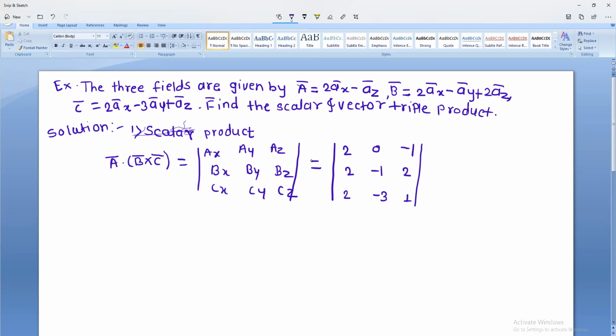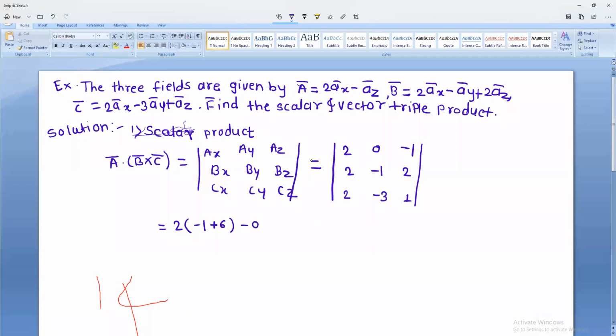Okay. Now solve this. It is equal to 2 into minus 1 into 1 is minus 1, minus 3 into minus 3 into 2, it is minus 6. So minus minus plus 6. Okay.